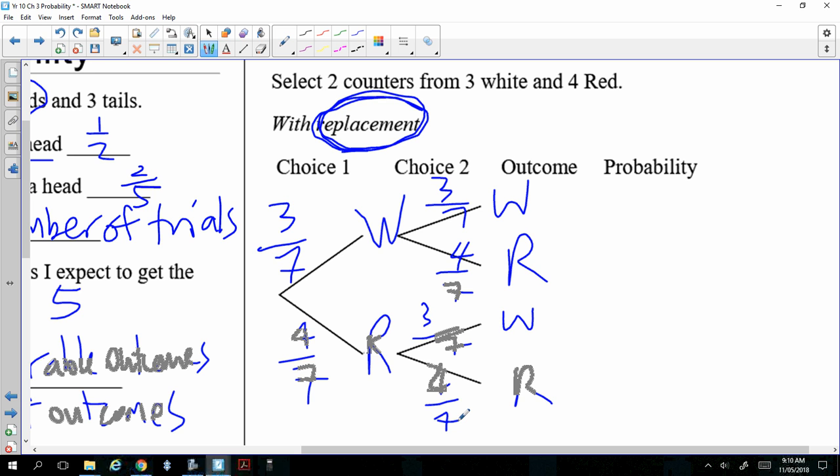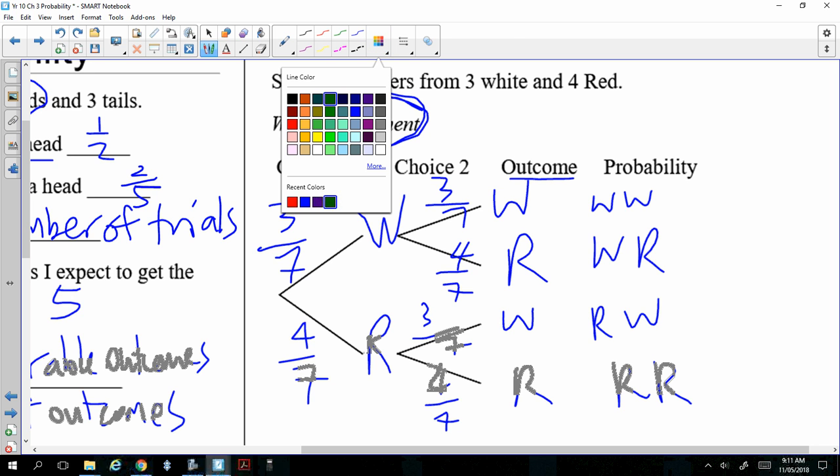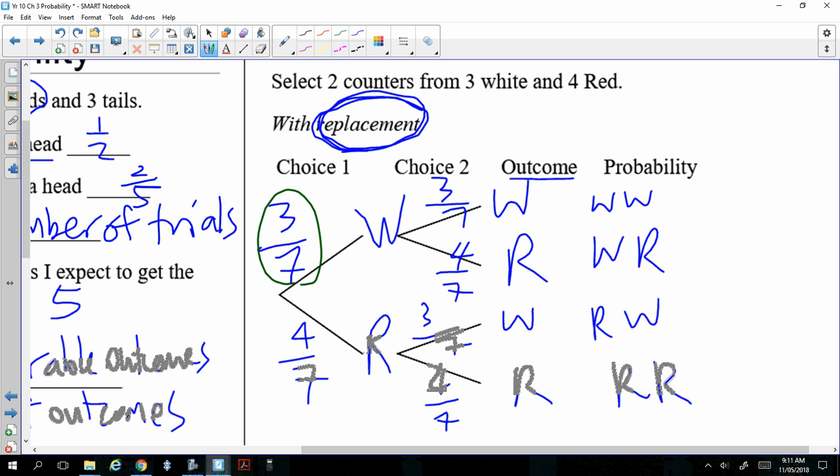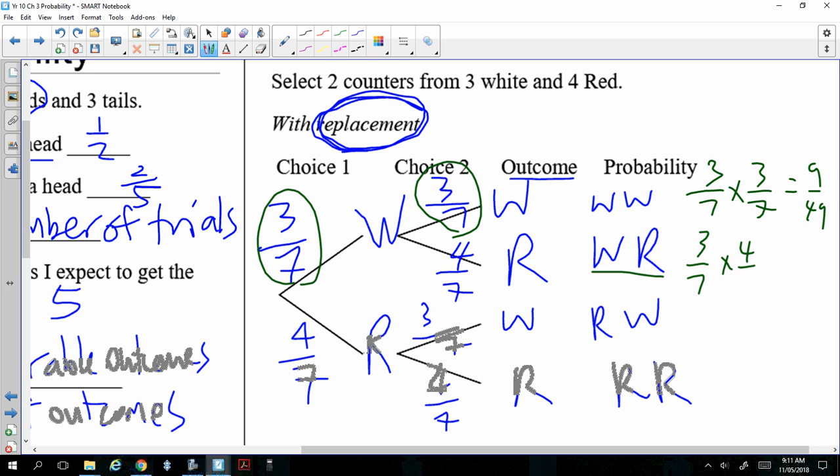And then I have the outcome. So the outcomes you write are WW, WR, RW, RR. And to calculate each probability, you have to multiply these probabilities together. 3 out of 7 times 3 out of 7 is 9 out of 49. To calculate WR, you do 3 out of 7 times 4 out of 7, which is 12 over 49.